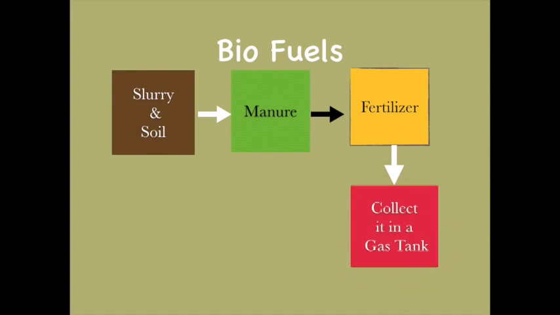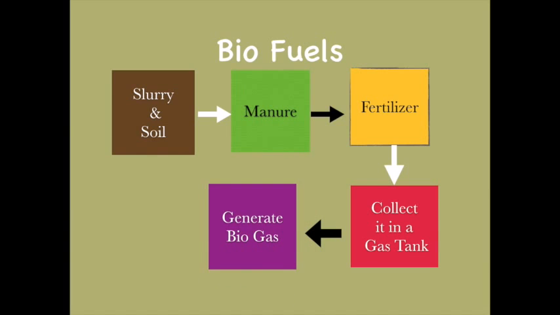Then this mixture is collected in a gas tank, and it is used to generate biogas, which is a biofuel again. A few machines run on biogas, but they aren't that popular because of their lower efficiency.